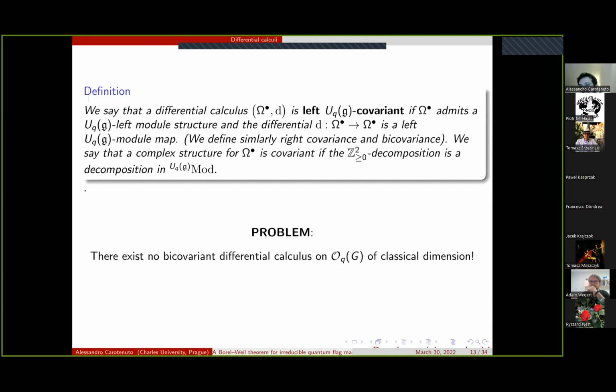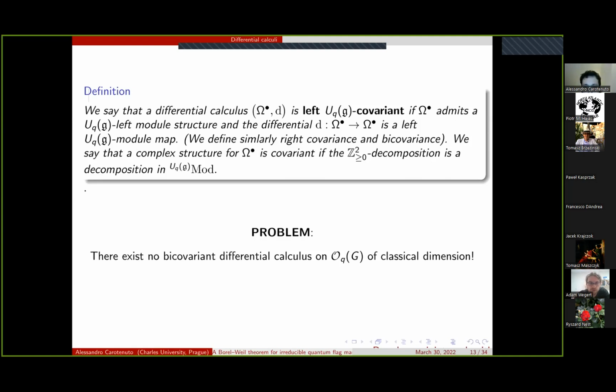And now, if I look at the dimension in the class of all the differential calculi that I have for the quantum versions, they do not coincide. So they cannot be seen as deformations of the classical Lie group in this sense.